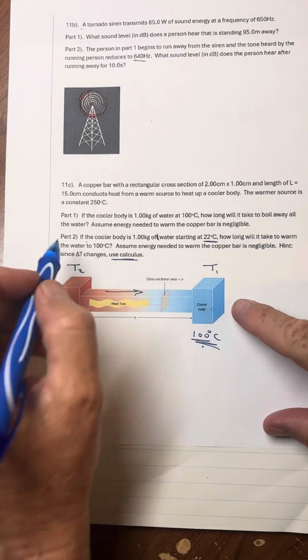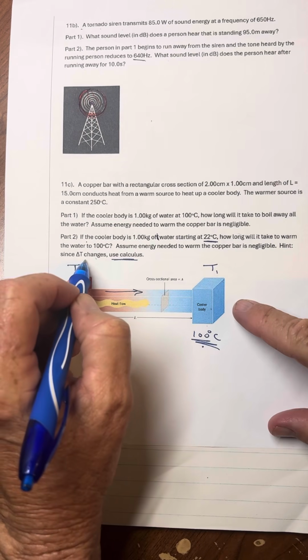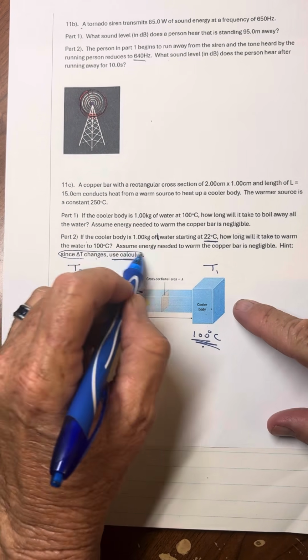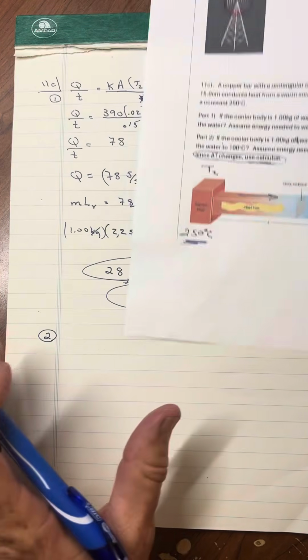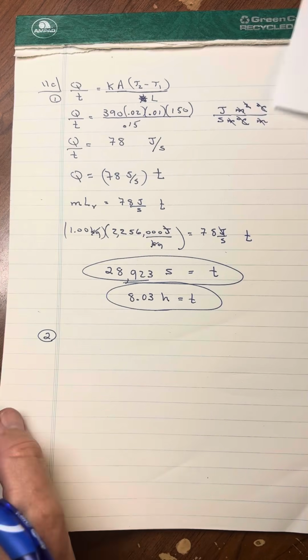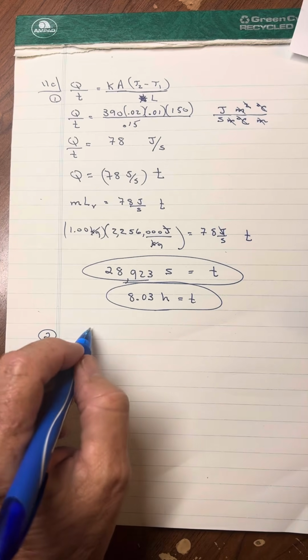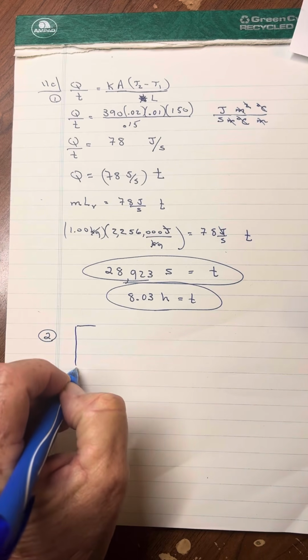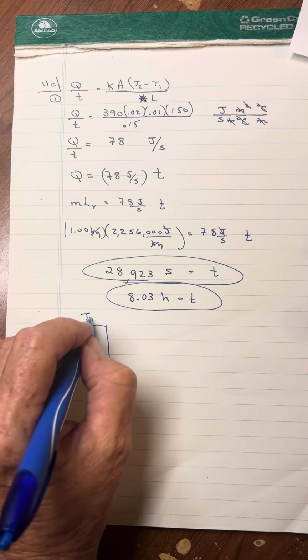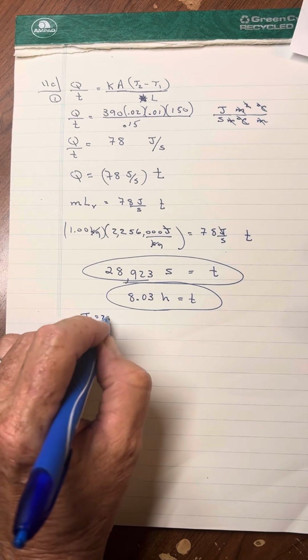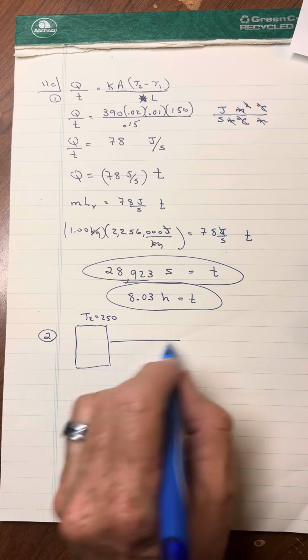And there's a little hint here that your delta T changes, so we have to use some calculus. So let's talk here, because this could be pretty tough. And let's get our variables straight. Now, I've been calling this T2, and T2 is fixed at 250. That's nice.